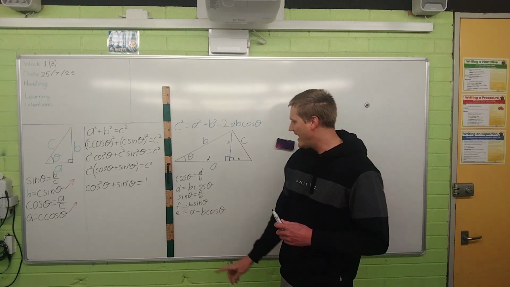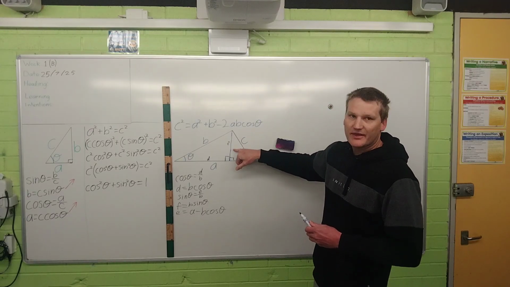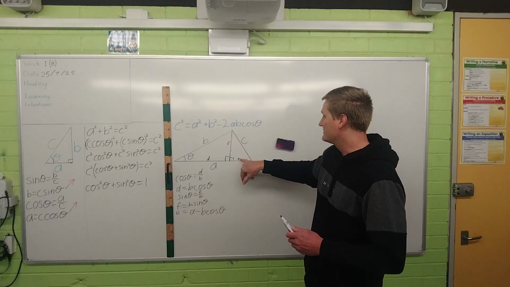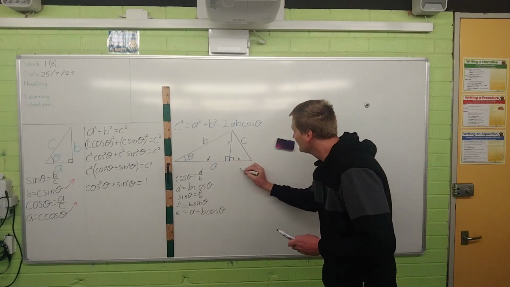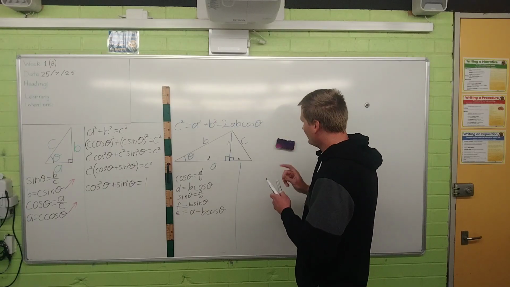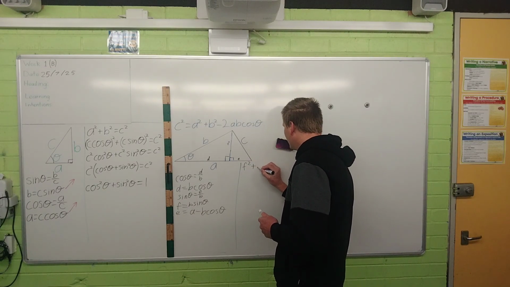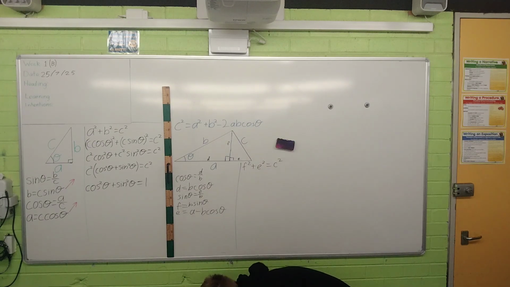So now that we have our E and our F, you can see that we could use Pythagoras for this section here, knowing that A squared plus B squared equals C squared, or let's look over here. F squared plus E squared equals C squared.